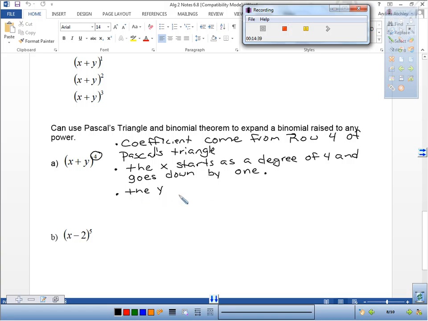The y starts with a degree of 0 and goes up by 1.